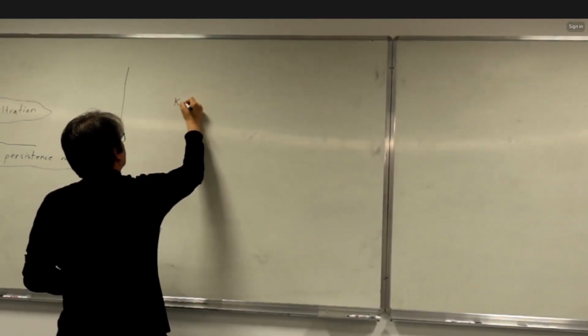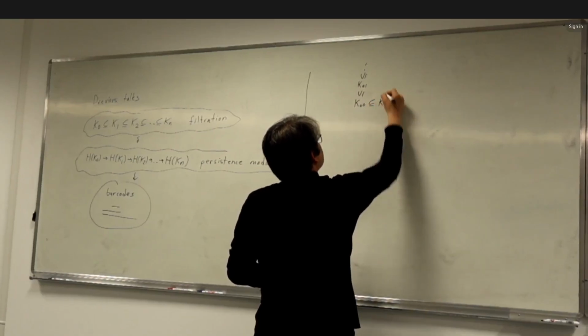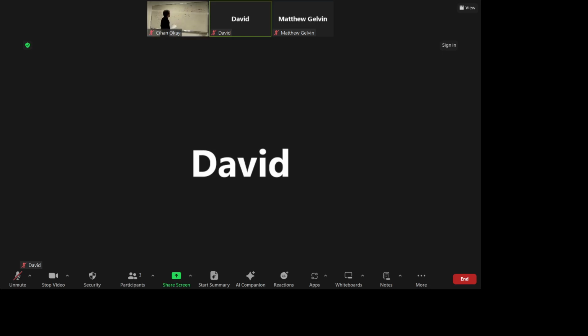So you could have something like this, for example, and then maybe all the way up to K_M N. So you could have a multi-filtration, and this will give you these persistence modules in this form, and so on, all the way up to H K_M N. Okay, so these were called multi-dimensional persistence.